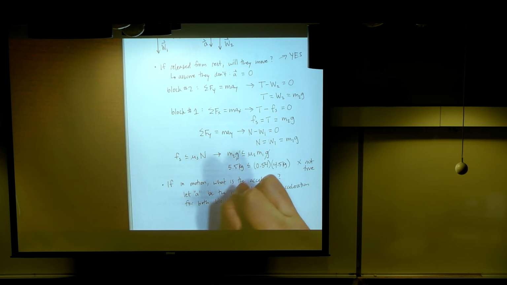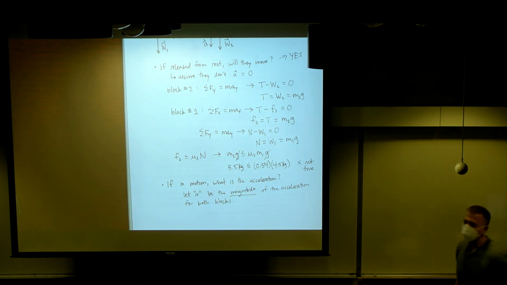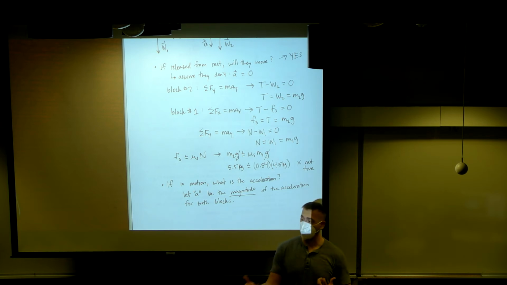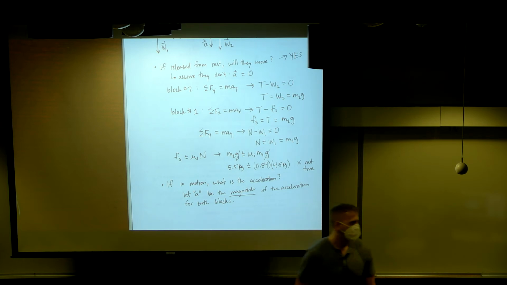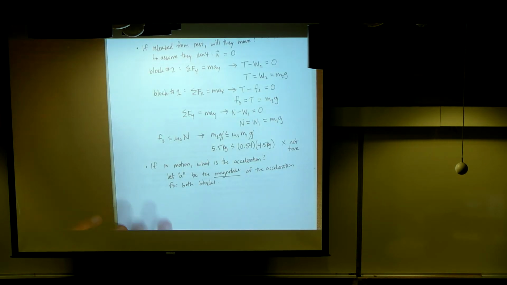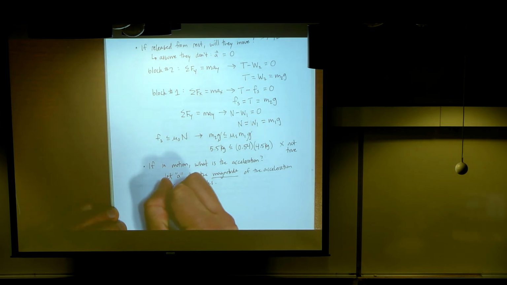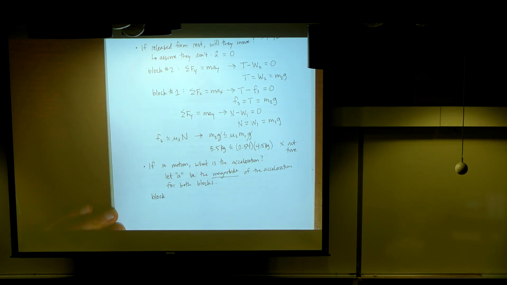I can't have one accelerating at 5 meters per second squared and the other at 10 meters per second squared, then they wouldn't be connected. Okay? All right. So here, we're going to go through this process all over again because it's kind of a new problem now. We're going to do F equals ma. We're going to start, how about with, let's do block number 2 as a starting point.